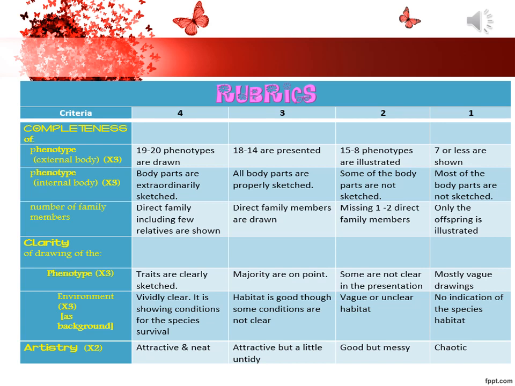So under completeness, you have to draw or illustrate the phenotype, the external body of the organism based on the codes given to you. So if the 19 to 20 phenotypes are shown based from the codes, you'll get 4. But if it's wrong or missing, 3, 2, 1. By the way, I almost forgot.